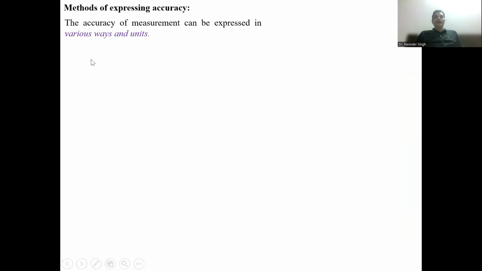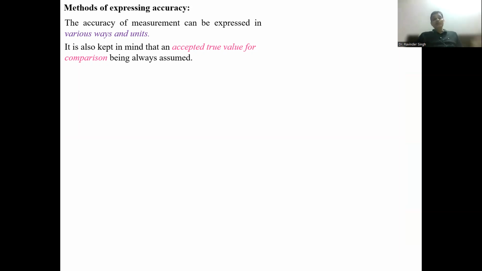Next, the accuracy of the measurement can be explained in different ways. We must always keep in mind that the accepted true value is always taken for the comparison. If we have a standard value, then and only then can we compare our observed value with that ideal value.